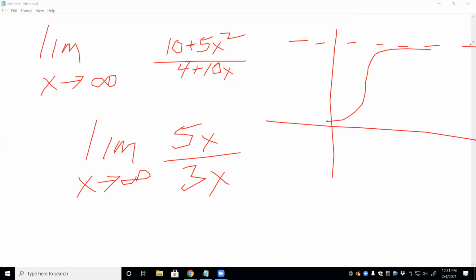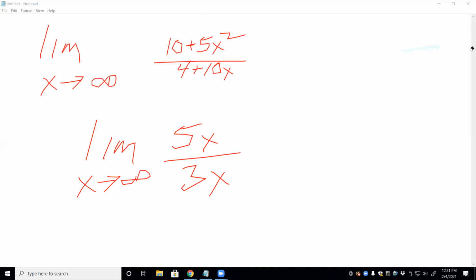Always. Okay? So this problem would be easy because we have an x in the bottom, so I make that x squared. Now what's the limit? Infinity. So this goes to infinity. Yeah, because I can take that, that's the same as this.